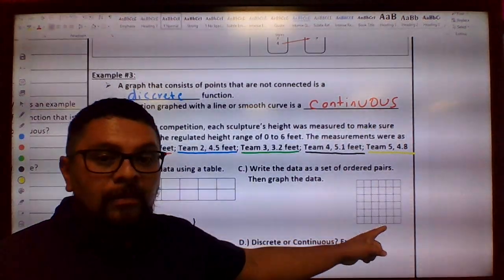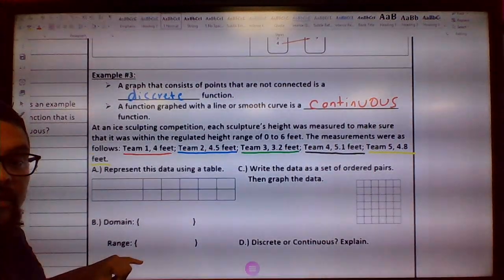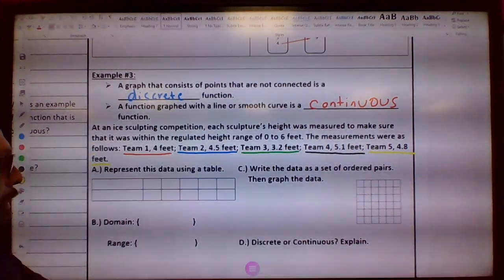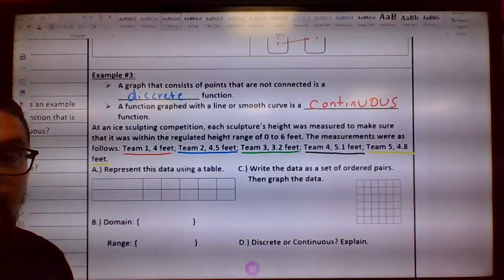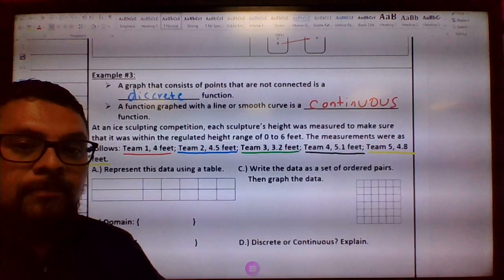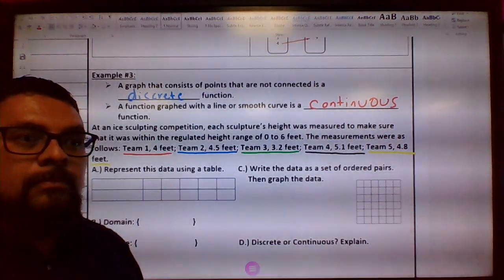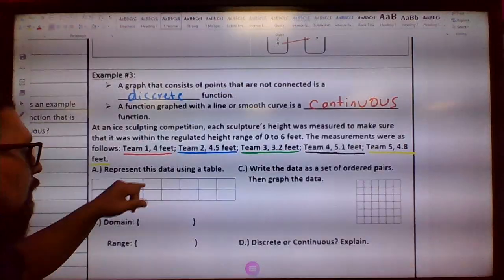We're going to graph it. We're going to see the domain and the range. And then we're also going to see whether it's discrete or continuous. Now, if we don't finish this video, I'll make another video to get the rest in. So let's go on to A.